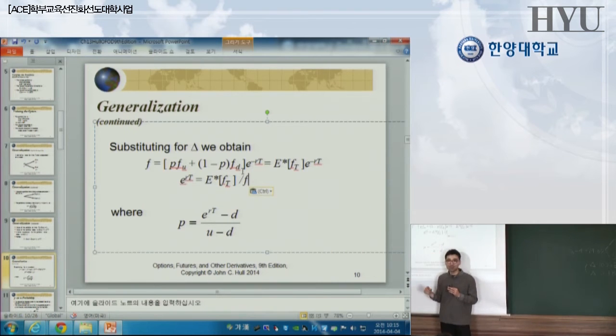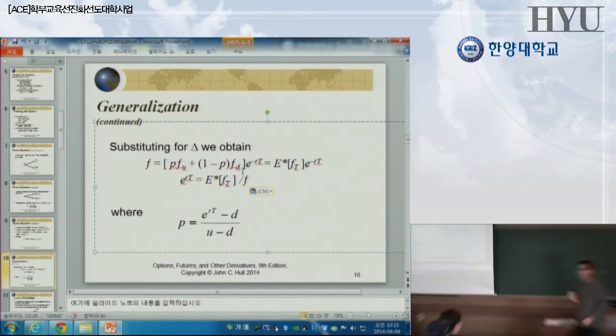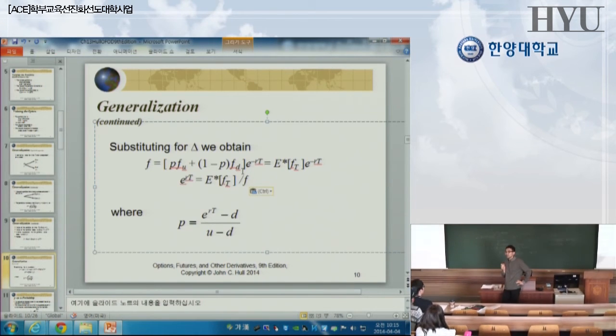Then we get the derivative price in the hypothetical world, right? The interesting thing is that the derivative price we get in the hypothetical world is the true derivative price. Although we get it in the hypothetical world, that is not a hypothetical value. That is actually the true value.